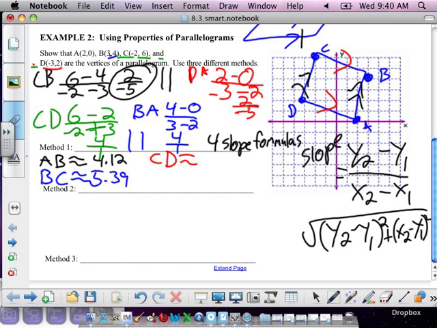Make sure you put minus and -2 or else you're going to do it wrong, or +2. You should get 4.12. If you're getting something different, you've got to let somebody know because you're not doing it correctly. You need to get this.